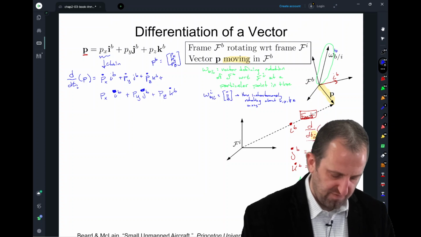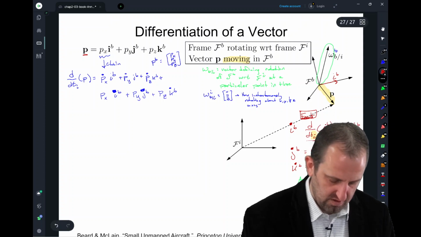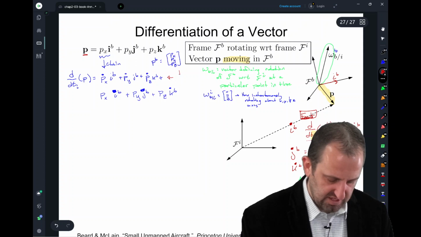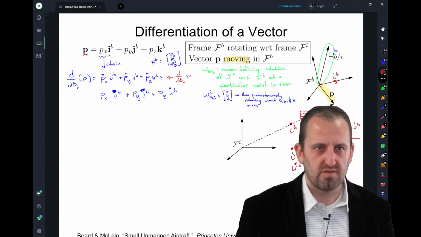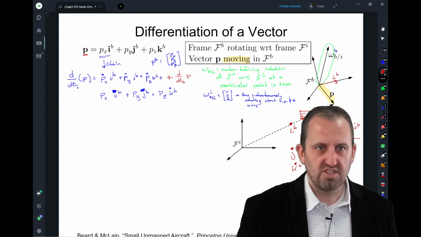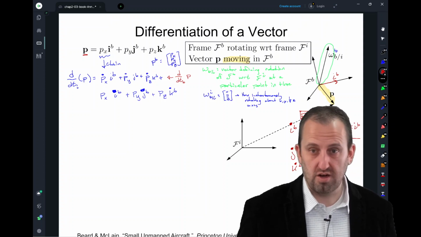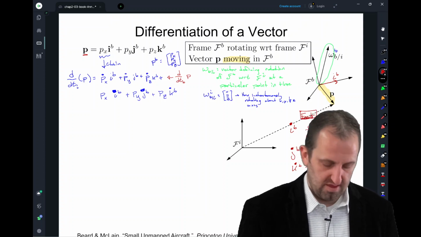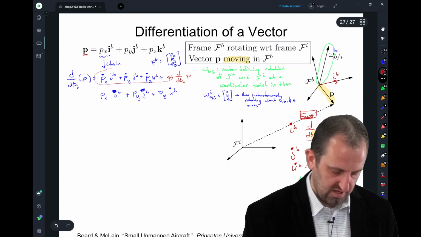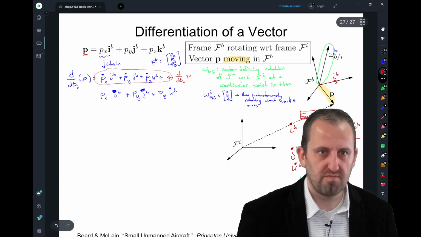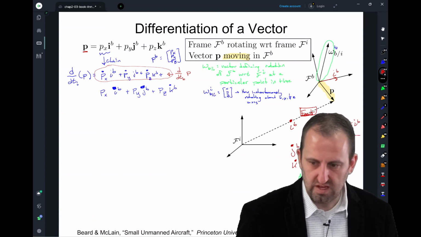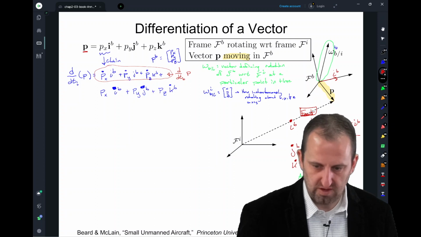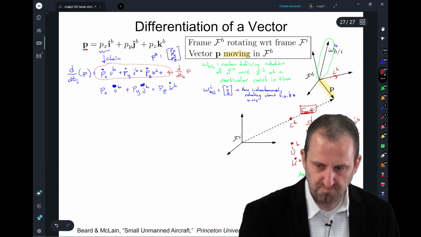Now if we look at this first row, this is actually just the time derivative with respect to the body frame of P. In that frame, recall that I, J, and K are constant. So this we can relate as just the time derivative of P with respect to the body frame. And now we can start to simplify things just a little bit.